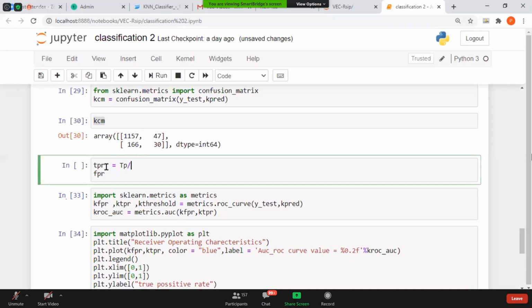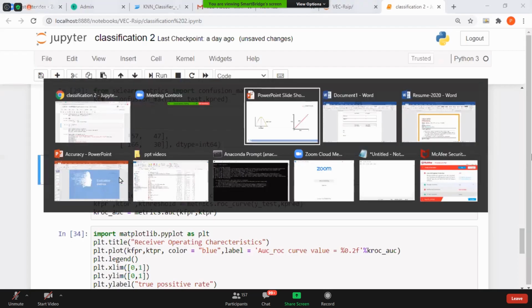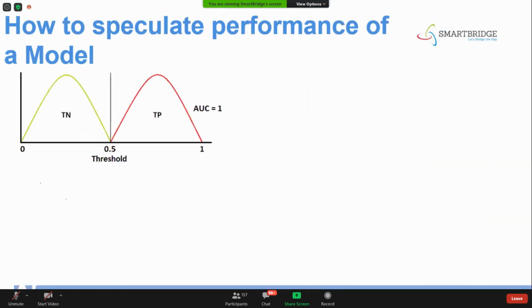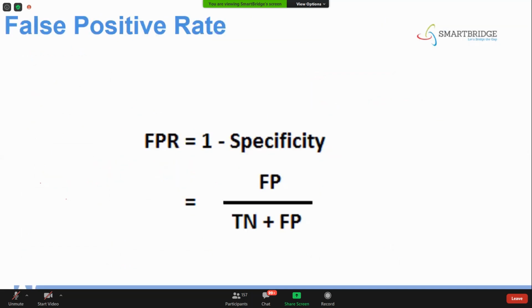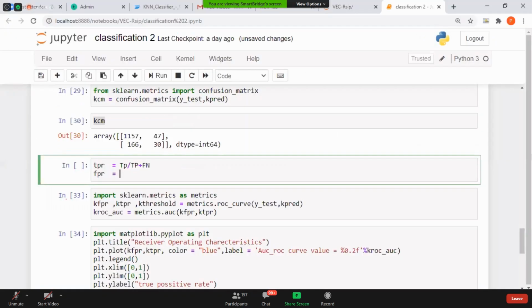Two minutes, guys. Tell me, what is the true positive rate and false positive rate for the KNN? Calculate this, guys.